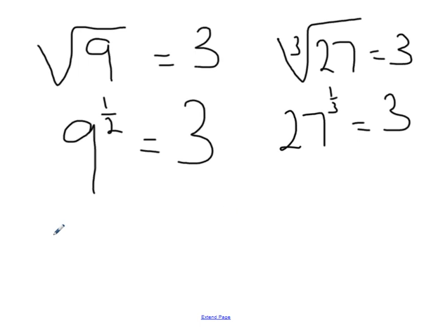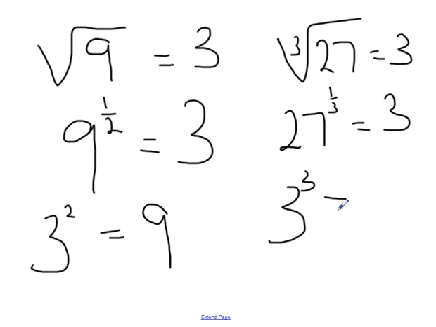However, if I was to say what is 3 squared, we know that is 9, and that's why the square root of 9 will be 3. If I ask you what is 3 cubed, we know it is 27, and that's because when we do the cube root we get 3. So that's how that first part works.